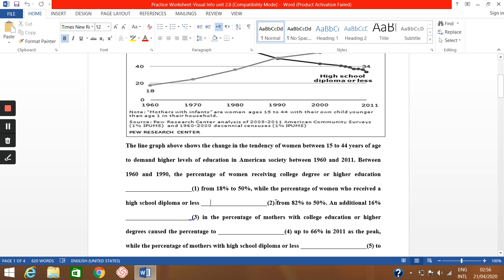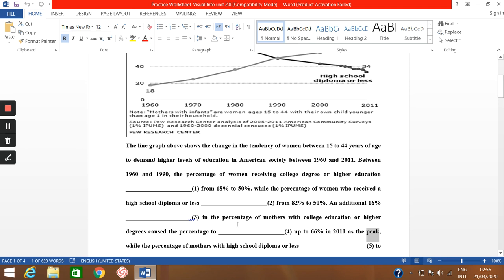Okay, now let's continue. An additional 16% dash in the percentage of mothers with the college education or higher degree caused the percentage to dash up to 66% in the year 2011 as the peak. Peak means the highest point. You see?